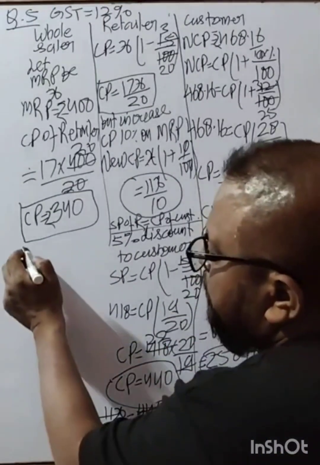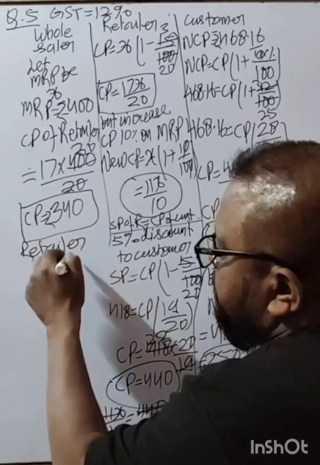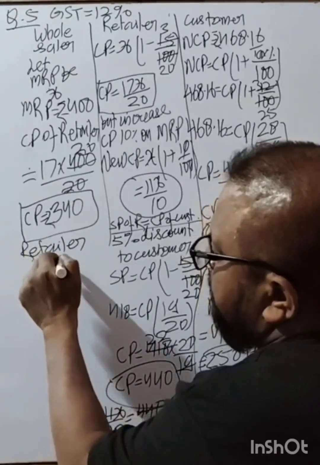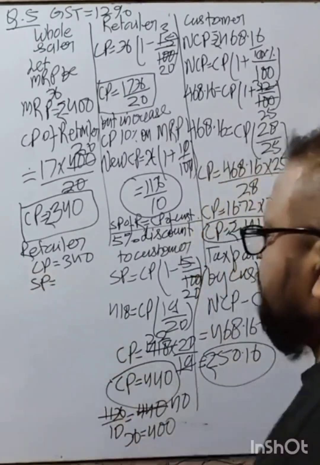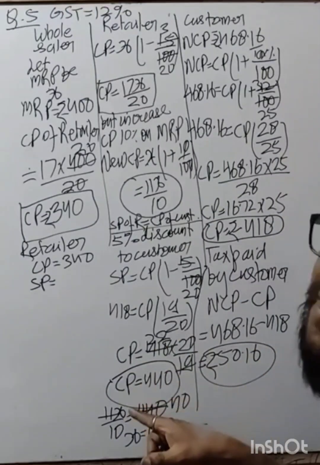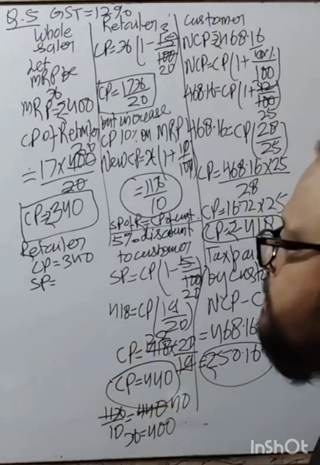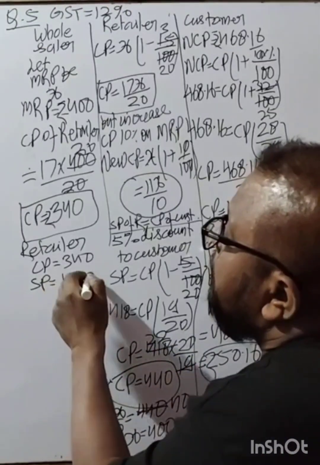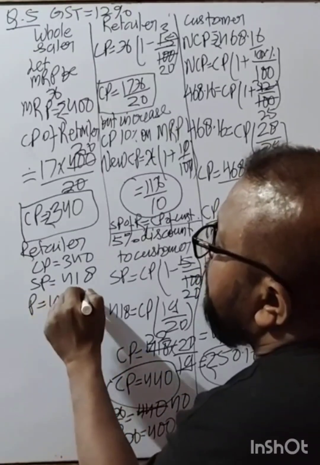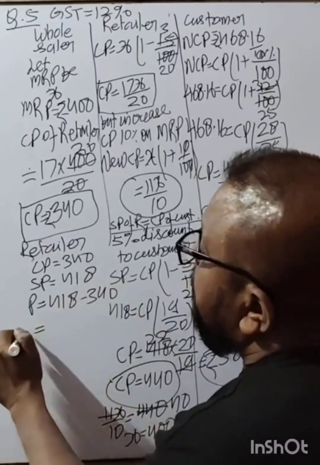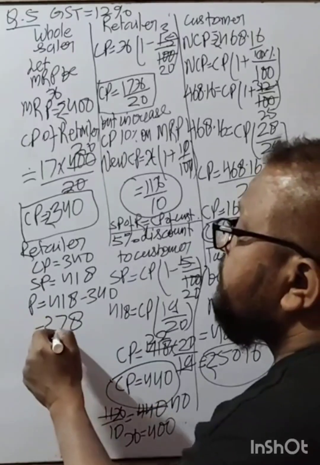So the retailer's CP is 340 and SP is 418. This is the cost price he finds, but he sold after a 5% discount. He sold at this price, so 418. So profit is equal to 418 minus 340. How much will you get? 78 rupees profit.